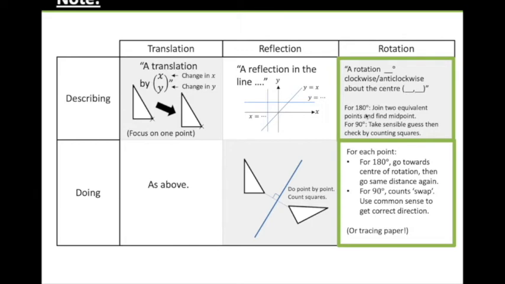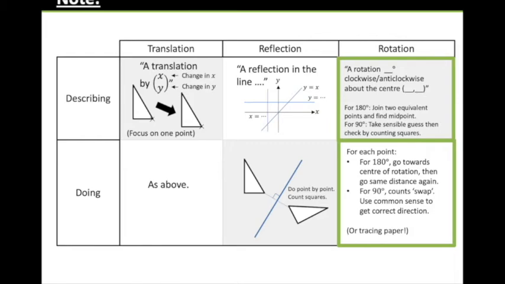For 180 degrees, it is easier. You join two equivalent points and you look for the midpoint. I will show you this later. But for 90 degrees, the one that we just did, you have to take a sensible guess, then check by counting squares basically, and see whether it forms an angle of 90 degrees.